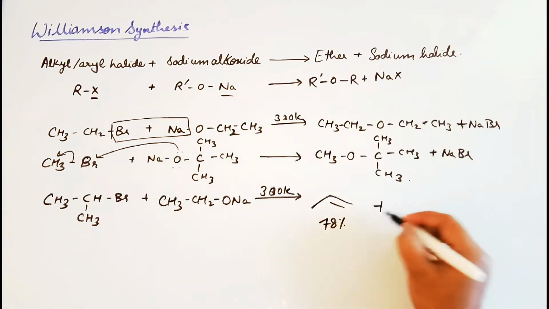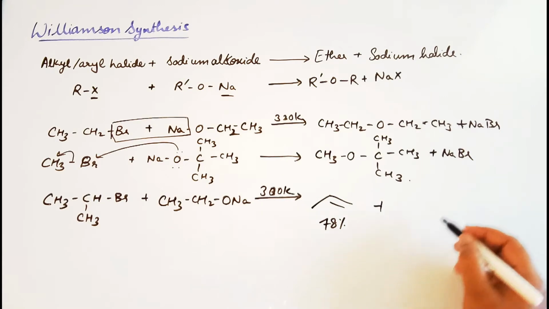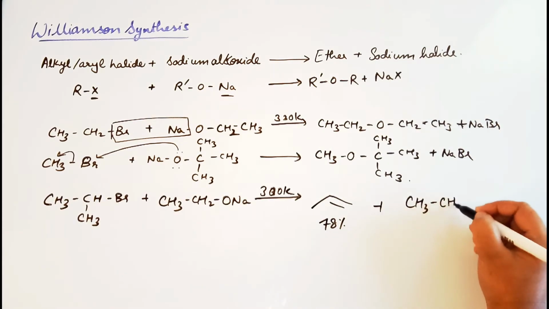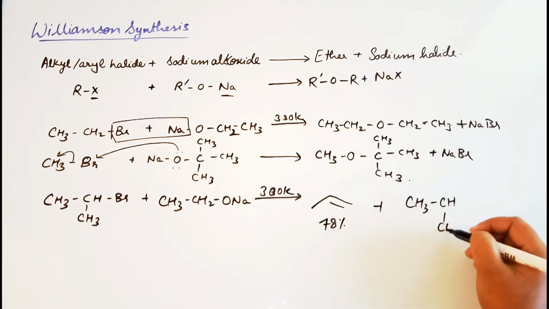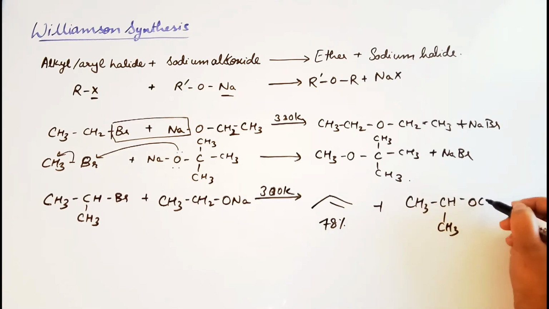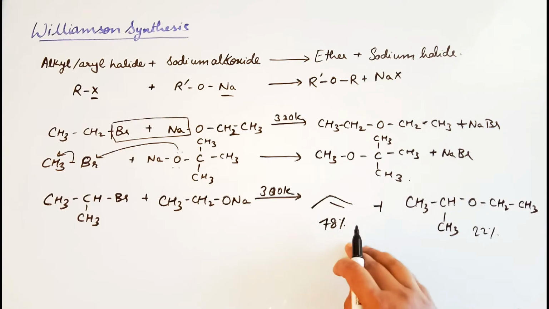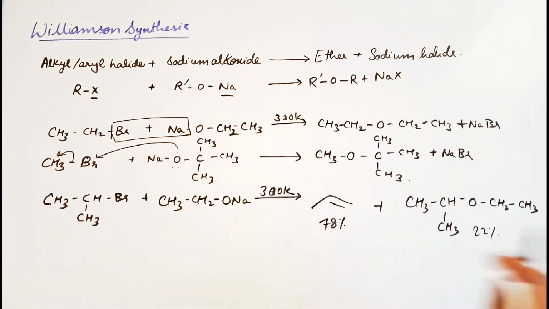We also have the formation of the ether, 2-ethoxypropane, which is a minor product. The propene is formed by elimination, while the ether is formed by substitution.